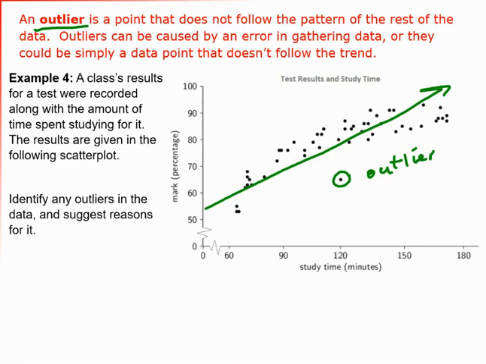Most of the time, if you studied a little more, like this person studied 2 hours and they're in the 80 range, most of these people, you study almost 2.5 hours, then you're up in this 90 range. So what happened to this person, this outlier?